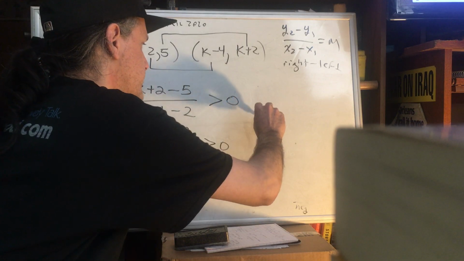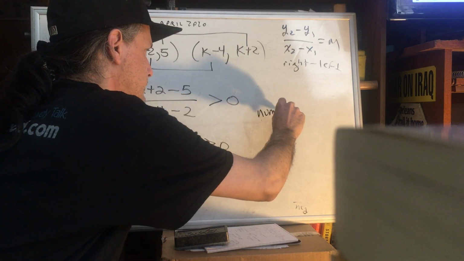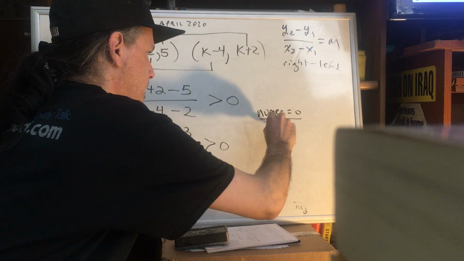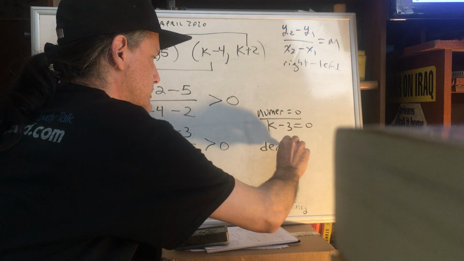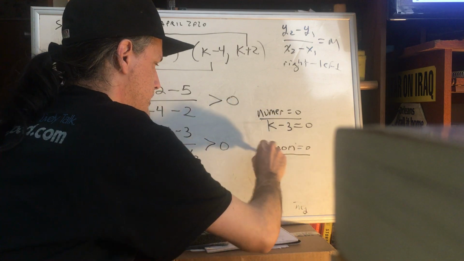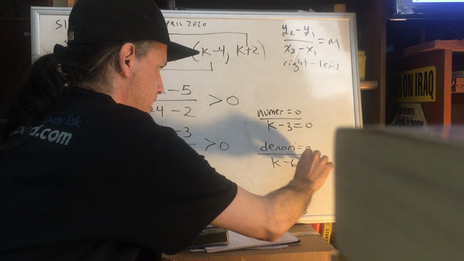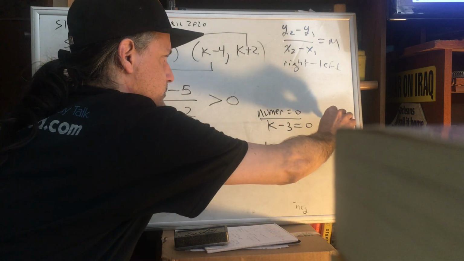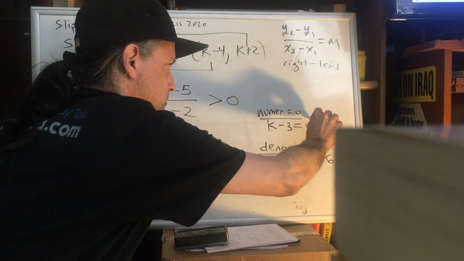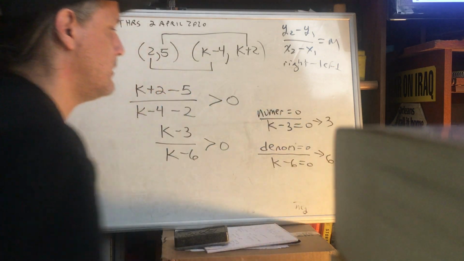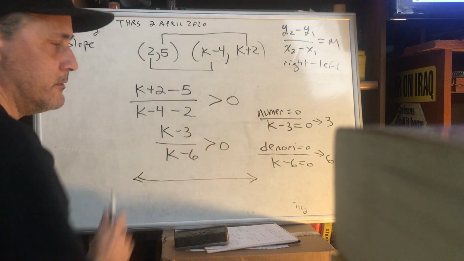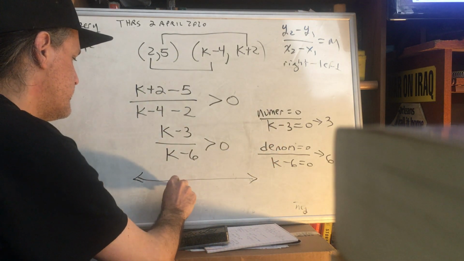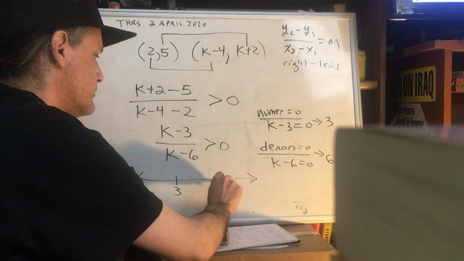So what you do is you find the numerator zeros, and you find the denominator zeros. Well, that's going to be 3 and 6, right? And then you use test points on a number line using the numerator zeros, which would be 3, and the denominator zeros, which would be 6.